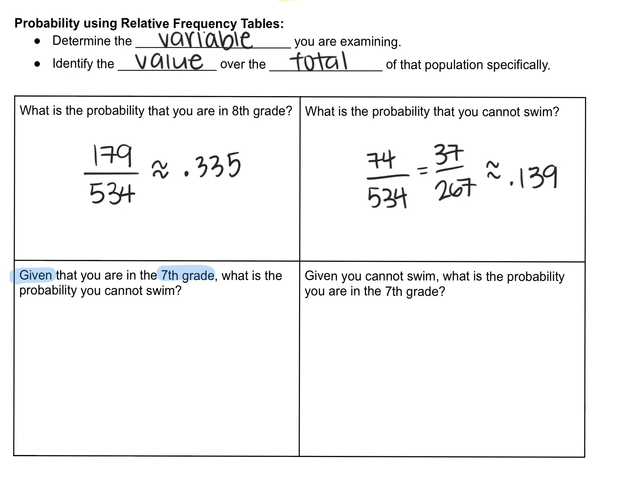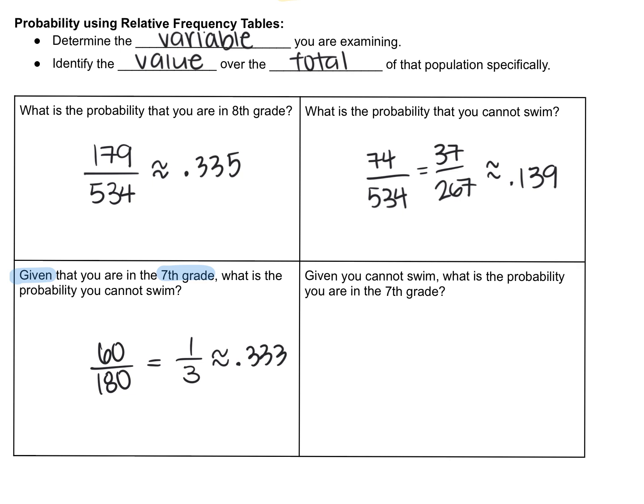So that tells me I'm restricting it to my total number of kids in 7th grade, which is 180. So of those 180 students, I want to find the total that cannot swim, which is going to be 60. Now 60 over 180 does simplify exactly to 1/3, which you can leave as is or write as 0.333.